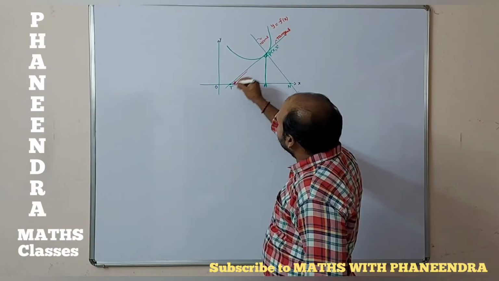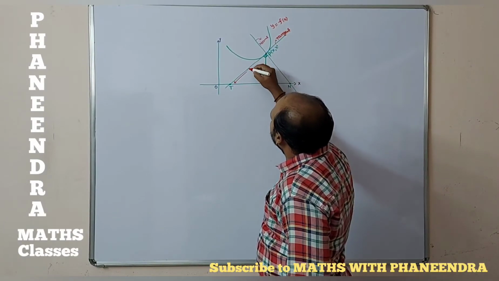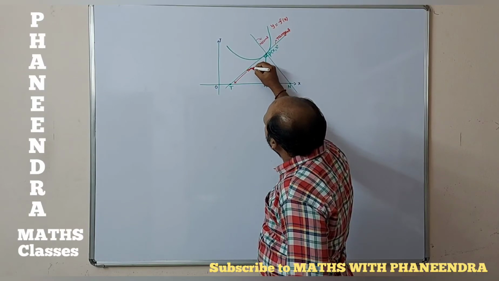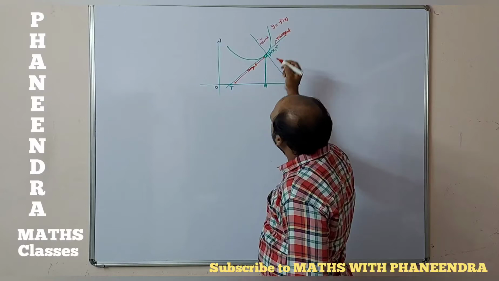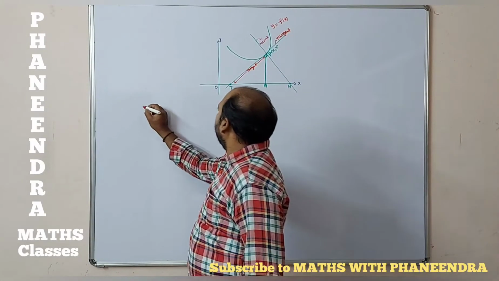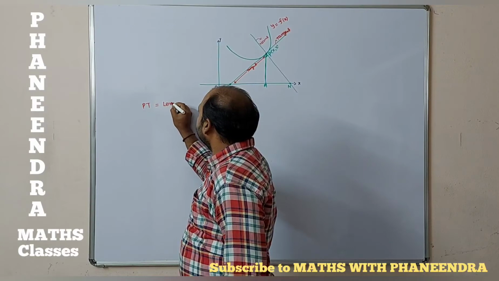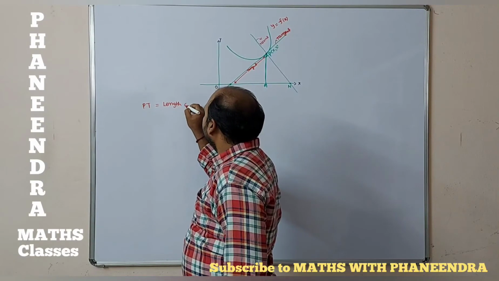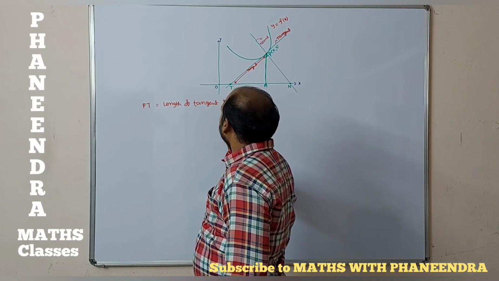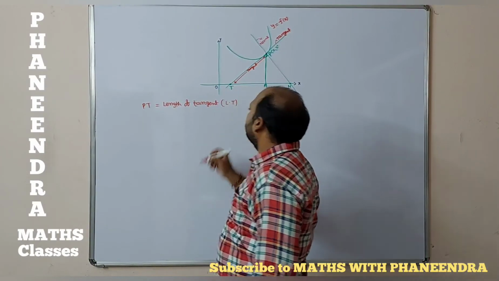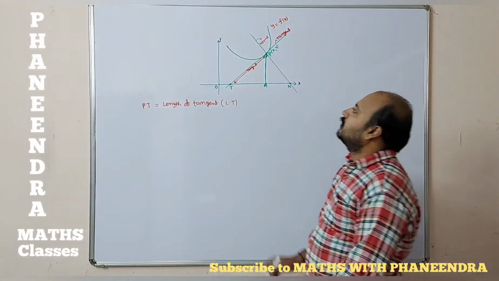Length of tangent, if you discuss, only PT from the figure. So PT is equal to length of tangent. In brackets, simply you can write LT, length of tangent. What is that value? I will explain.